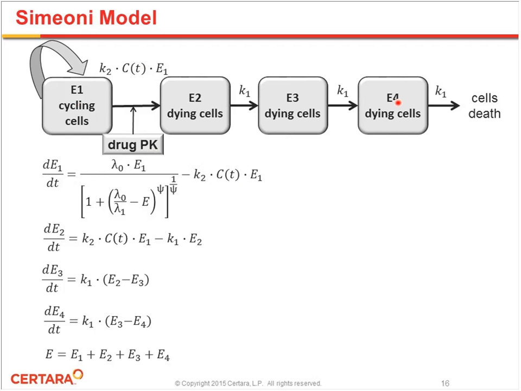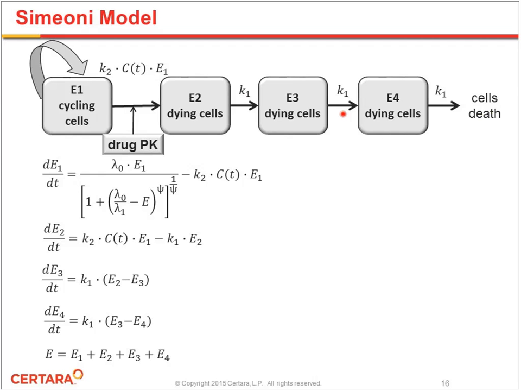The transit compartments represent different stages of the tumor cells on their way to cell death. Transit compartments are a typical way in modeling when you have a distributed delay, and in this particular case, it's a delay in cell death. The flow between those transit compartments is described by a transit rate constant K1, and this is assumed to be the same between all transit compartments.